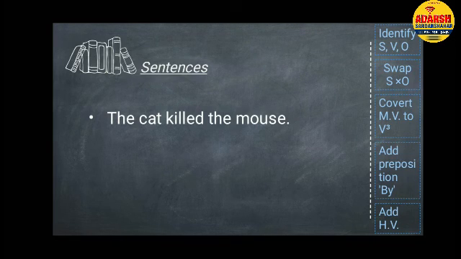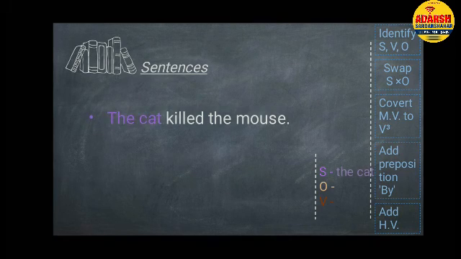First is identify subject, verb and object. Second, swap subject to object and object to subject. Third, convert main verb to the verb's third form. Fourth, add preposition by. And fifth, add the correct helping verb. So let's identify subject, verb and object. As I told you, the subject is a doer. In this sentence, the cat killed the mouse, the doer is the cat.